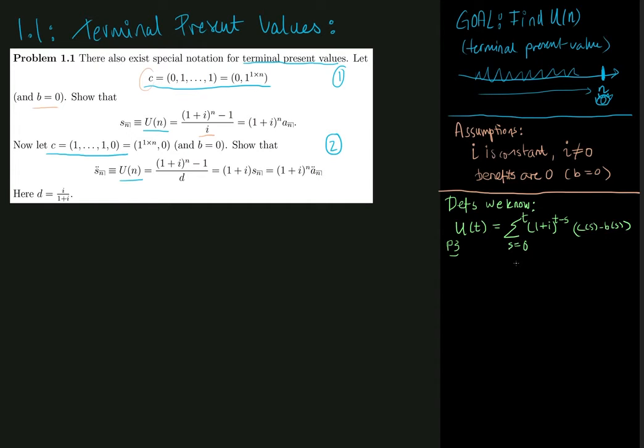And that's very nice to know. And we can work a little bit further on this definition, based on the fact that from our assumptions we know that the benefits are 0. So B equals 0 means that this sum does not have to include B at all. It's just the accumulated values of the C of s. Wasn't that great?